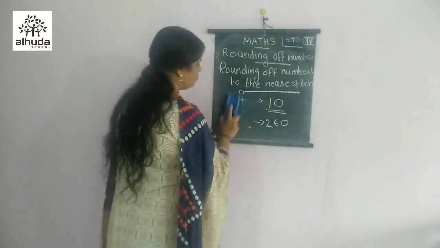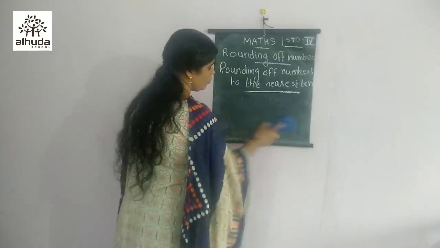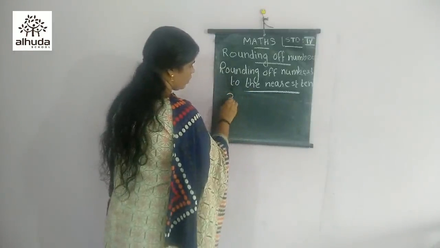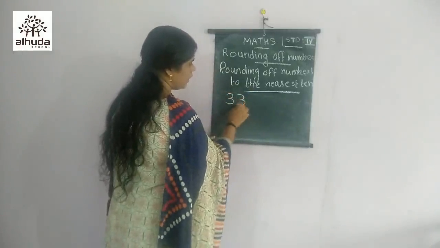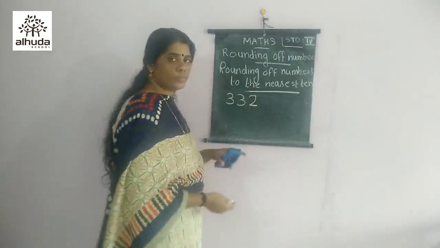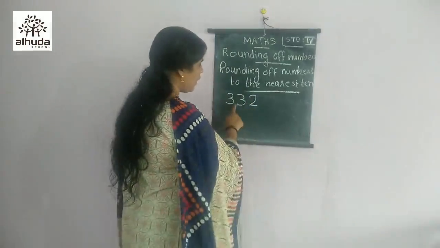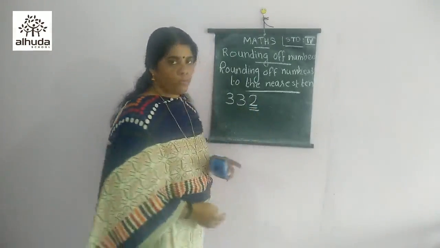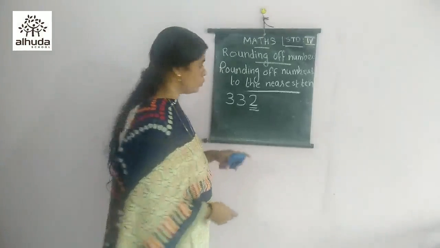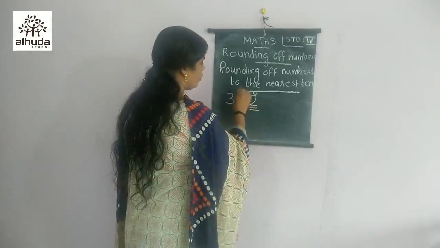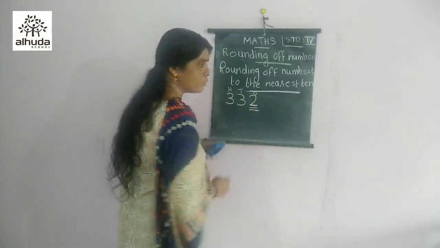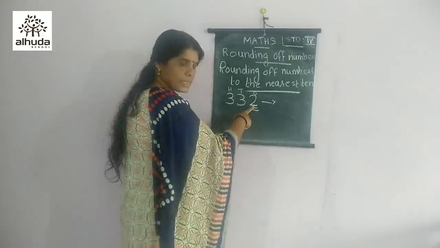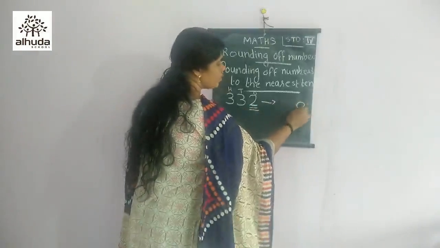Another example, 332. Here you look at the digit in ones place, that is 2. So, ones, tens, hundreds. If 2 is less than 5, we are putting 0 there.